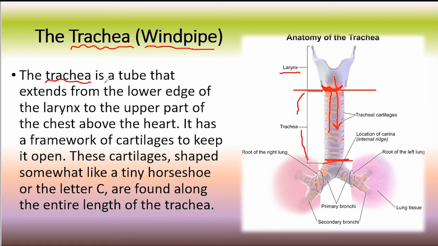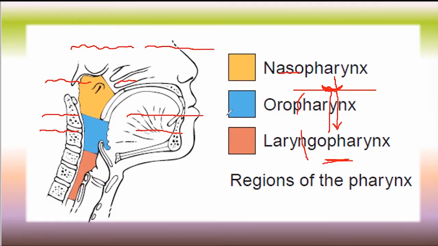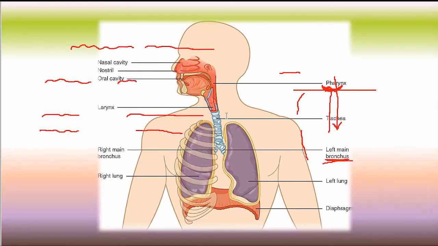Trachea is the tube. The upper part is connected with the larynx. And it is located in the upper part of the chest. We can talk about the heart. Let's see if we have the heart picture here.